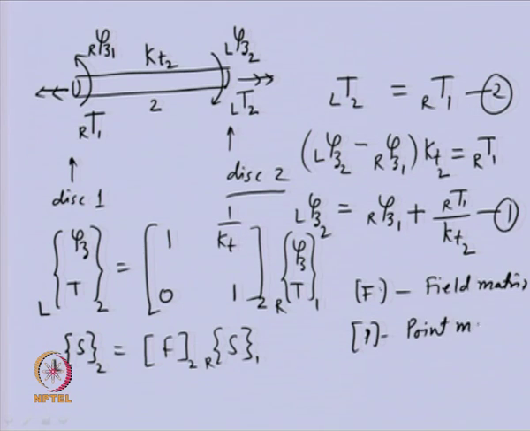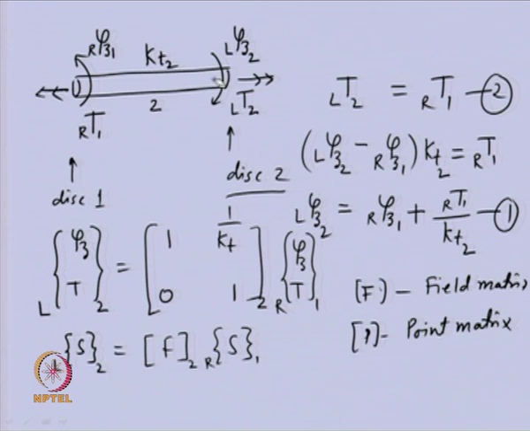Okay. So, here you can see that we are relating the state vector which is right of disk 1, that means this side, and if we pre-multiply that by the field matrix of this particular shaft, we will get the state vector on the right side of this shaft, but left of disk 2, because disk 2 is here.